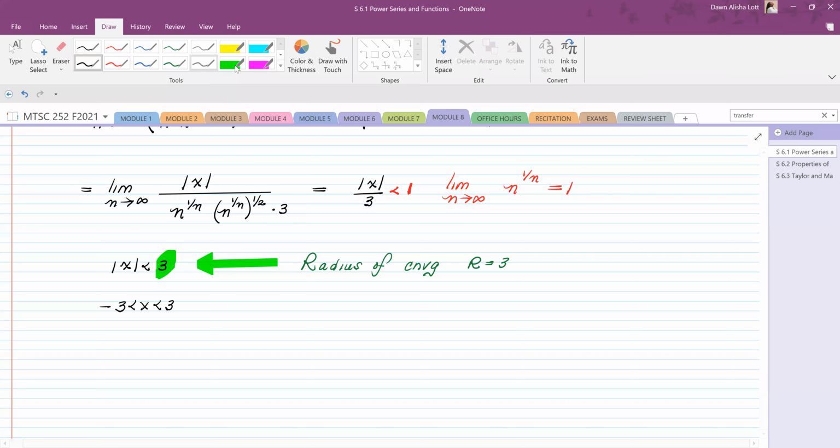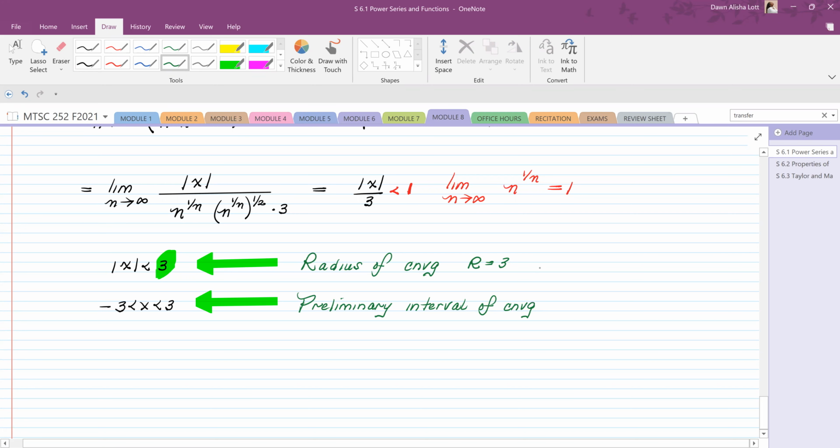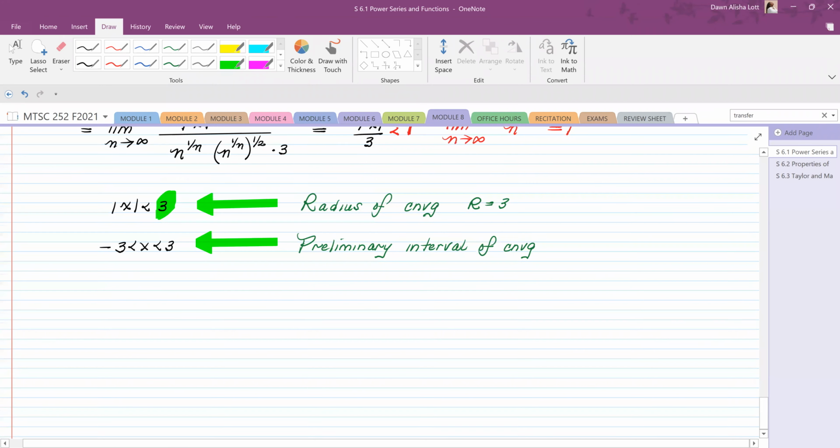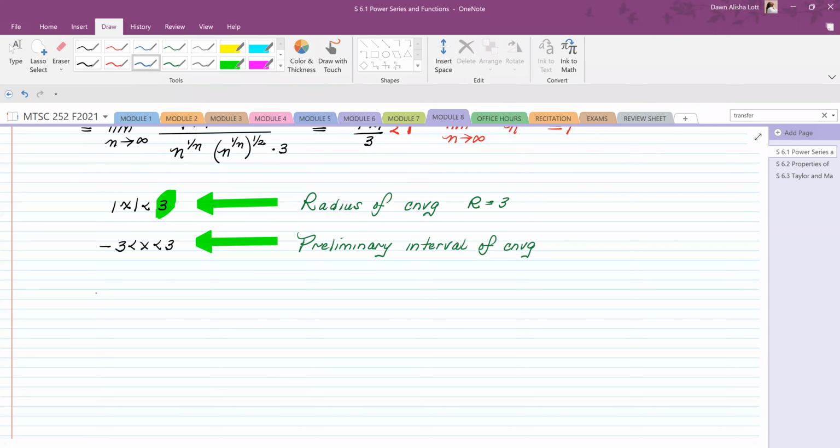So this is our preliminary interval of convergence. The reason I say it's preliminary is that we still have to check the endpoints.